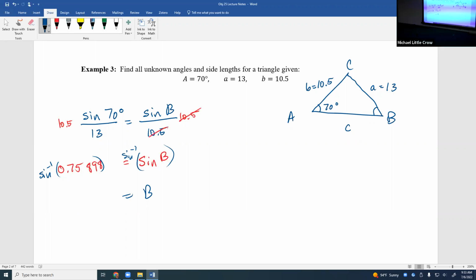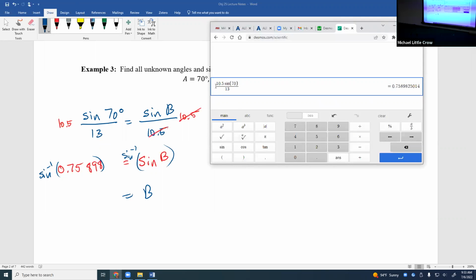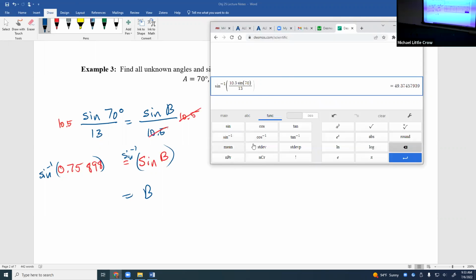We'll get one solution, and then we'll talk about whether we need to worry about an additional solution or not. What's also cool is since we've already got it entered, we could just directly calculate it this way. And we get that it's 49.4 degrees, right? We round that.